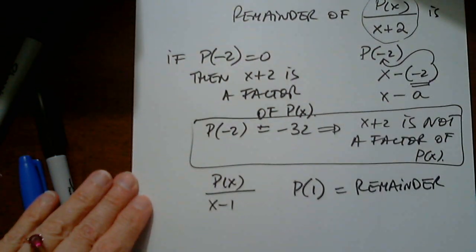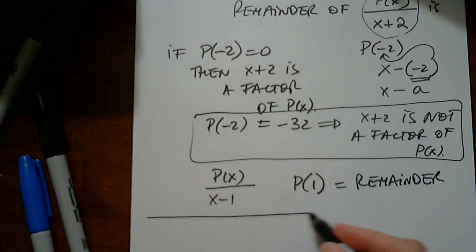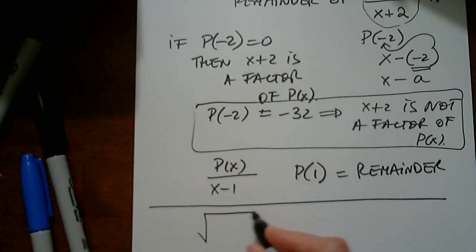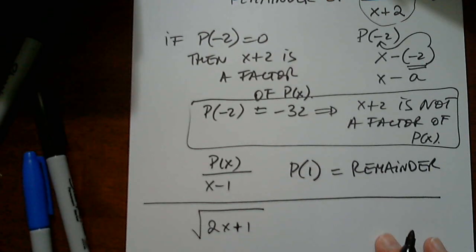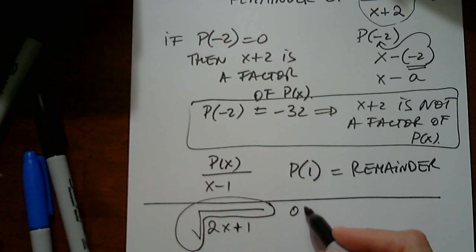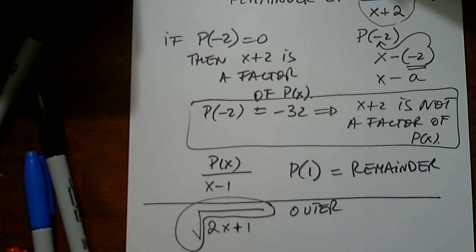In the next class, it is very important to understand that when we look at, for example, the square root of 2x plus 1, we have to understand that this is the outer function, and this is the inner.